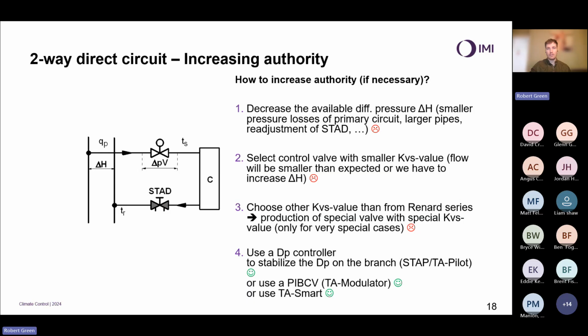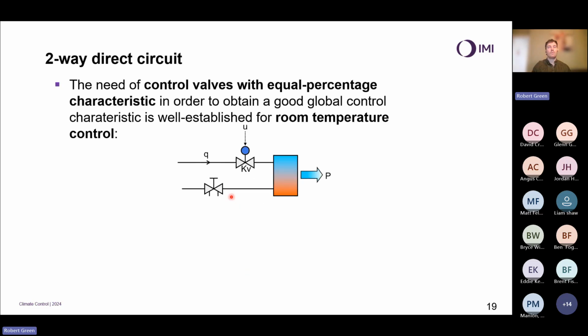And I'm going to introduce now very briefly a subject we're going to cover in a lot more detail in the next webinar. But that is about in a two-way direct circuit, and this can also apply to an injection circuit, why we need to have a certain set of conditions and what we want to do.